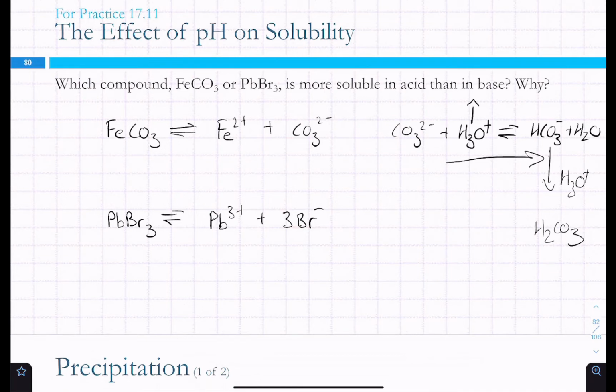And so that'll further decrease the amount of carbonate in the solution. So is that going to make iron carbonate more or less soluble in an acidic solution, if the carbonate ion concentration is decreasing? More soluble. Thank you for answering questions.